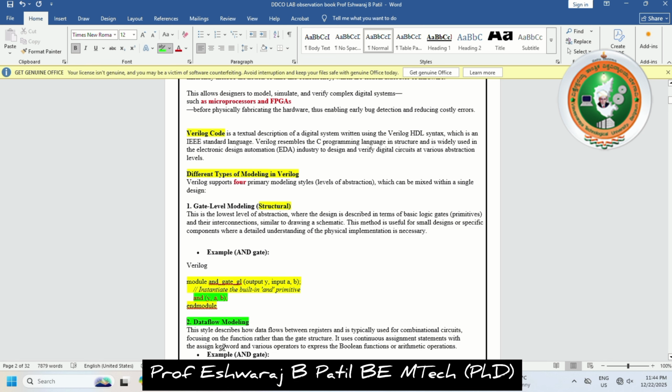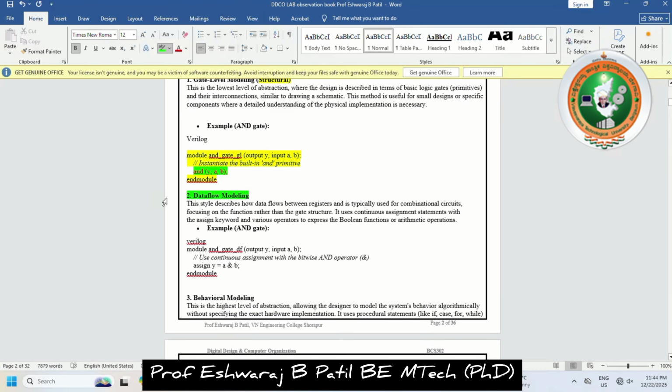Next one is data flow modeling. What is data flow modeling? This is the style that describes how data flows between the registers, and it is typically used for combinational circuits, focusing on the function rather than the gate structure. Earlier we were focusing on the gate structures.